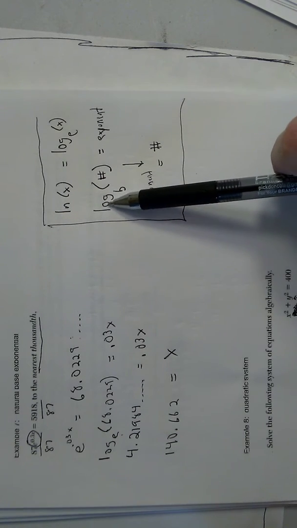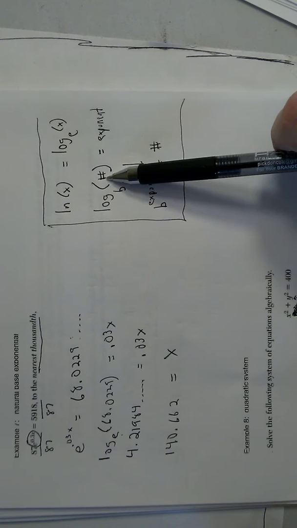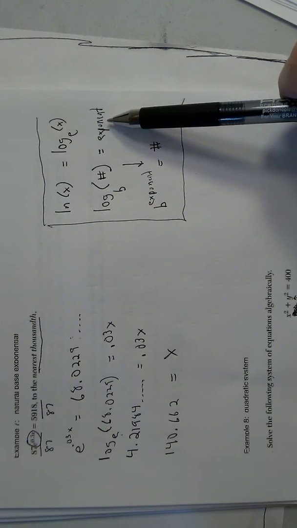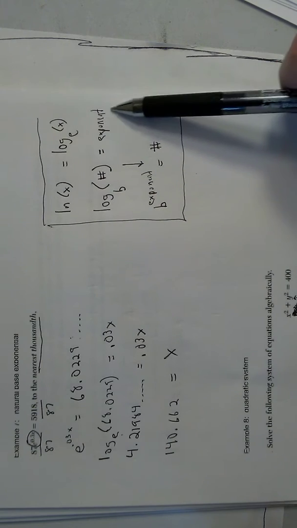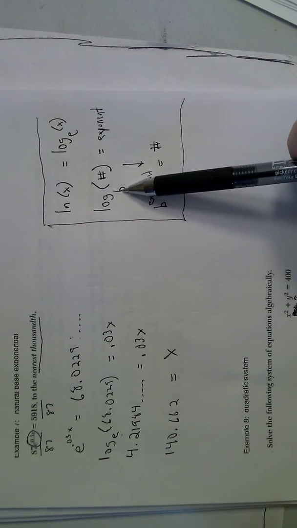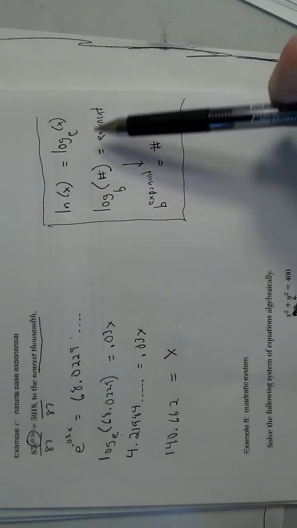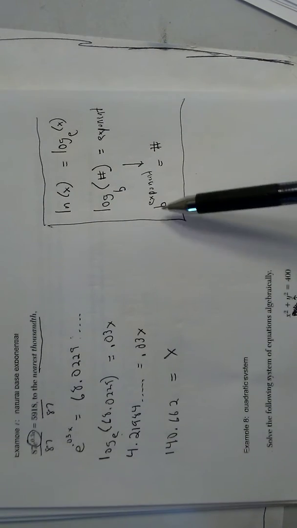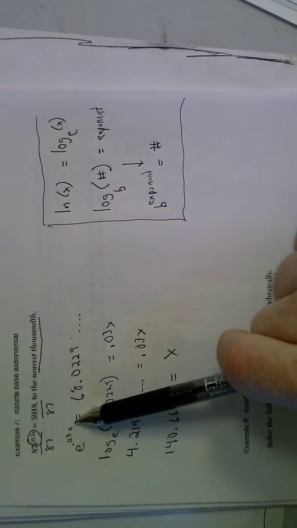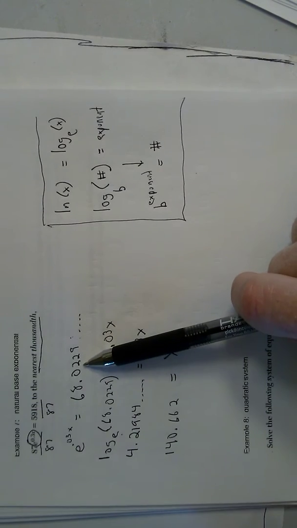So over here you have base exponent number. So to rearrange it into a log, the log base, your base is e. The number that was the result is 68 point that, and the exponent that you have up here is 0.03x. I now have a log equation that I can solve.